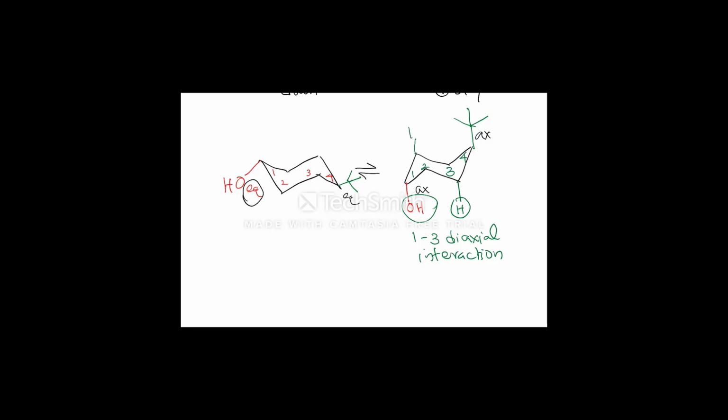But look at this one here. Between the hydrogen and this tert-butyl group, which is bulky, very big, massive, this repulsion is very big. Because of that, the equilibrium is pushed to the reactant side.